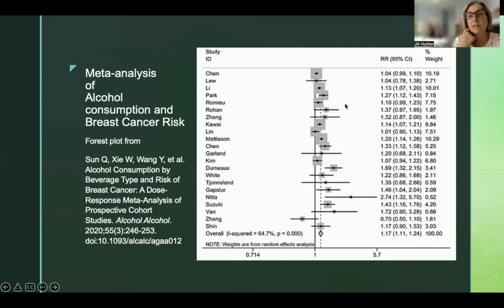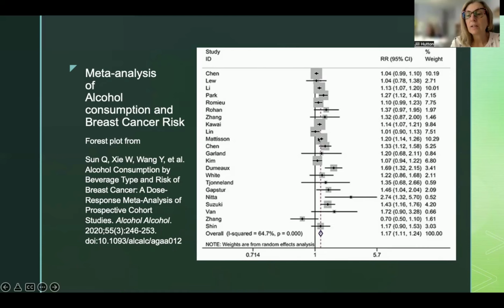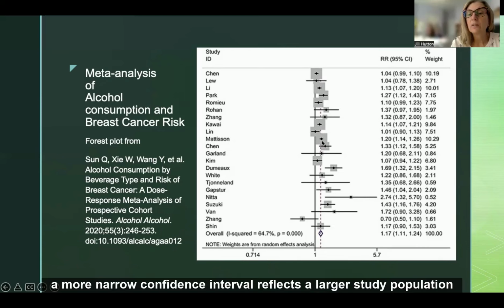A few other things to note. Some of these have very large confidence intervals, and some of them have very short confidence intervals. In general, a longer confidence interval is a study population that is smaller, and a smaller confidence interval is usually a larger population study.